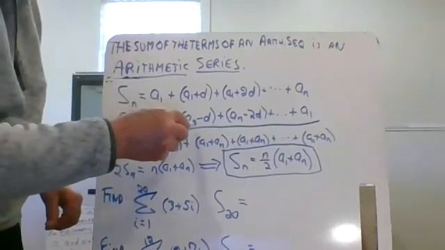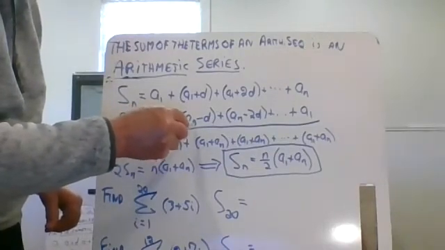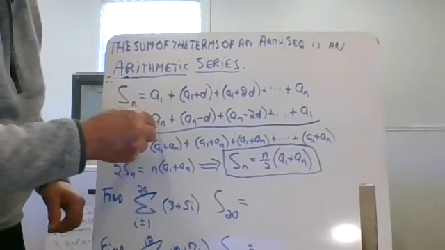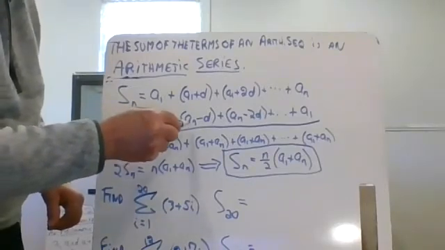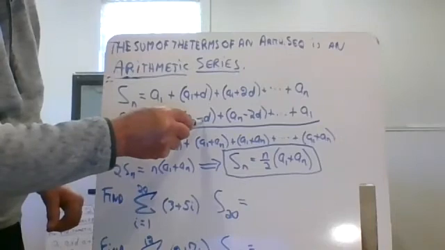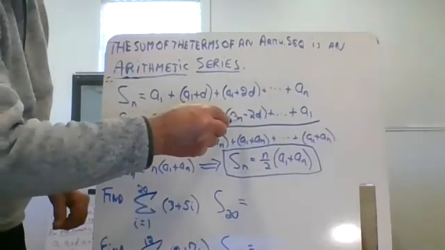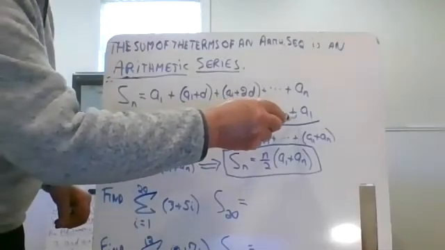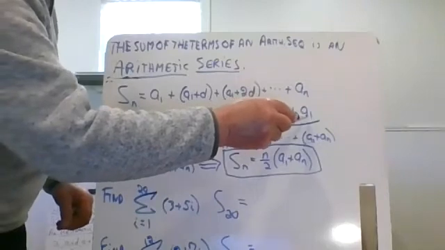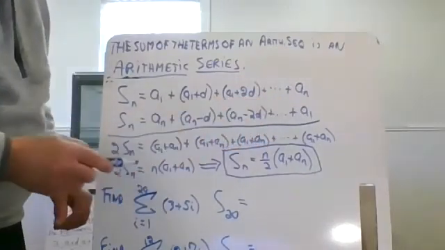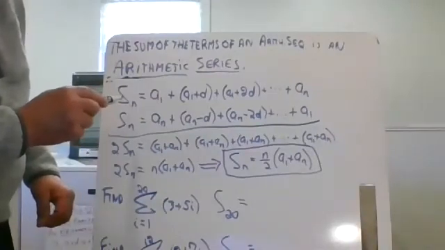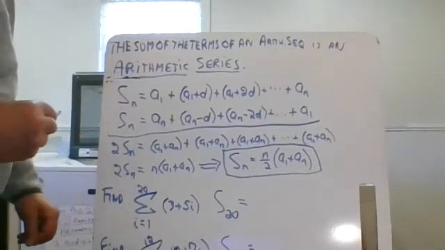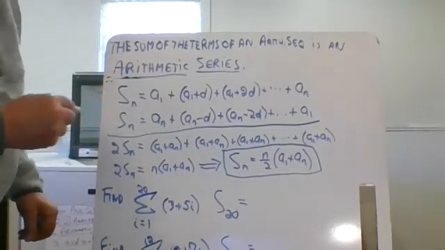And then we realize the next term after this one would be D less than A sub n, so we write it as A sub n minus D. Then you get A sub n minus 2D, all the way down to the last term, which is your A sub 1. So you'll see it's just being very clever how we're writing this to establish this formula. We're just writing S sub n in two different ways.